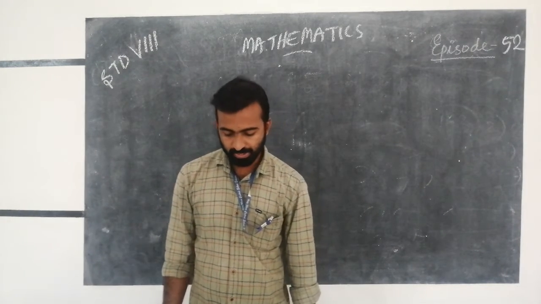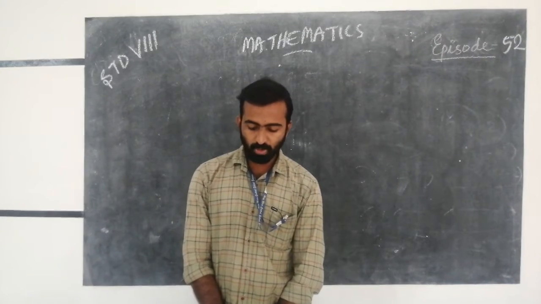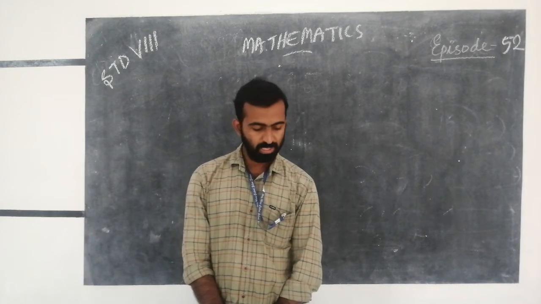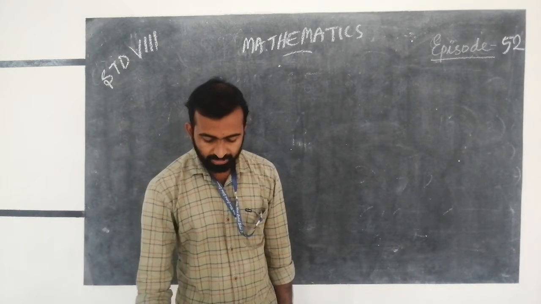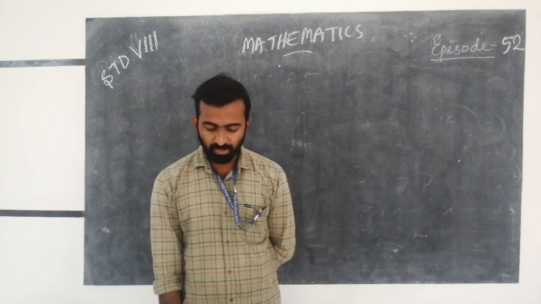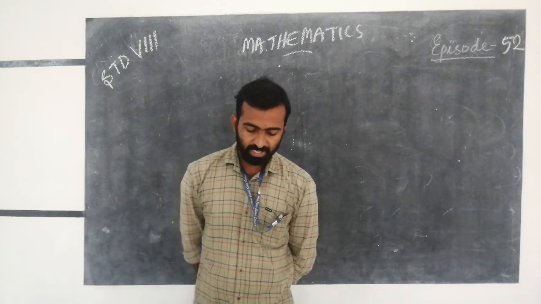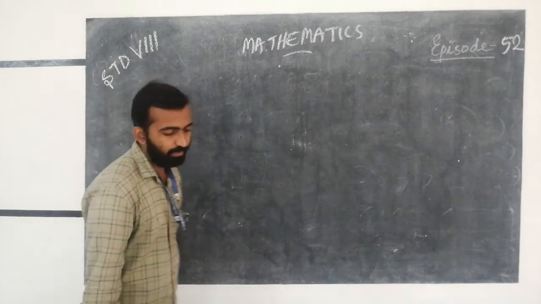And the fourth question is, draw the front view, side view and top view of the given object. The first one is given as a military tent.